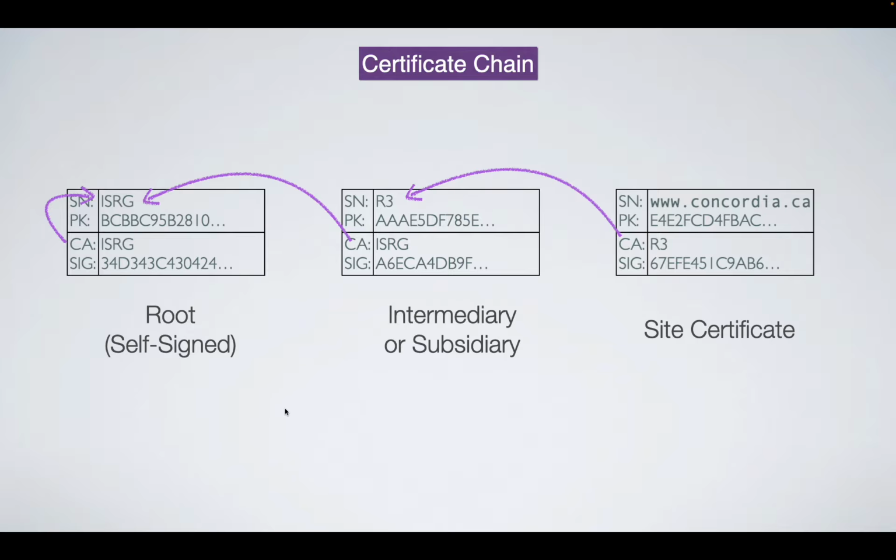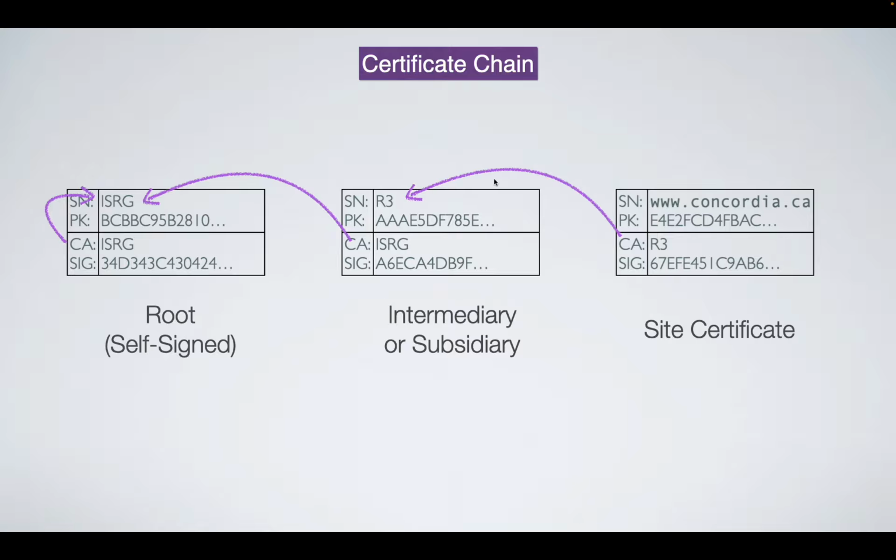Okay, now another thing that happens in certificates is it's usually not so simple as, Concordia gets a certificate and GlobalSign signs it. What usually happens is that Concordia will get a certificate that's signed by GlobalSign. GlobalSign will have a certificate that's signed by someone else, and then that someone else will be a root certificate in your store. Okay? So we call these certificate chains. So you have the site certificate on the end.